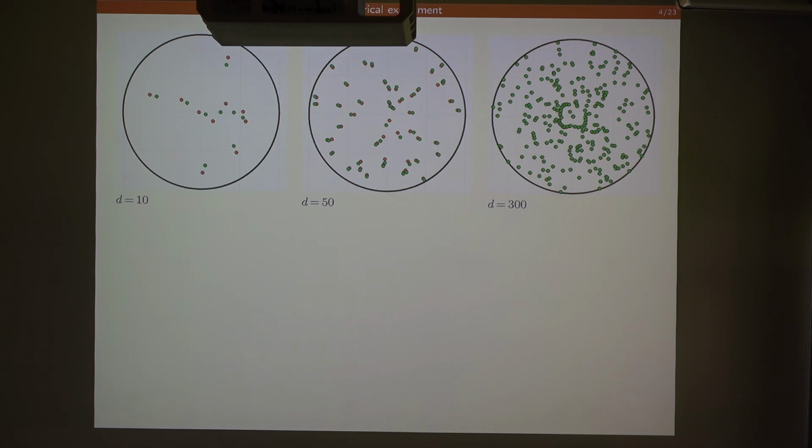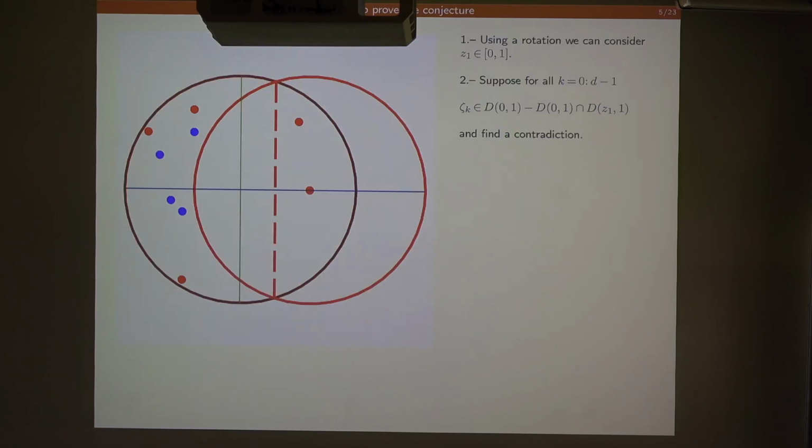And you can obtain exactly the property of the convex hull if you grow the digits to perform this computation. And if you grow the digits, you obtain exactly the property of the convex hull. Okay.